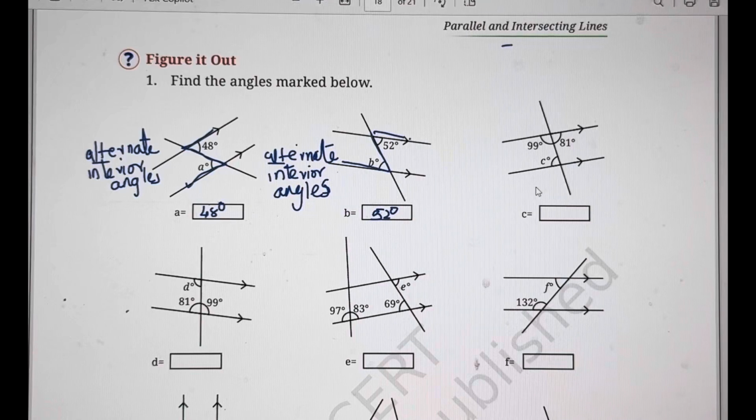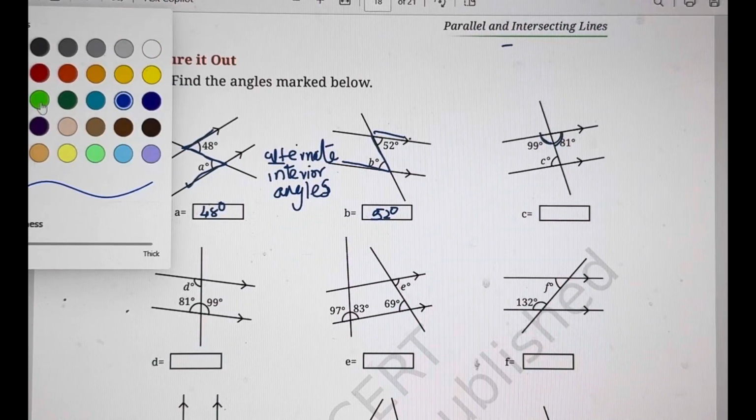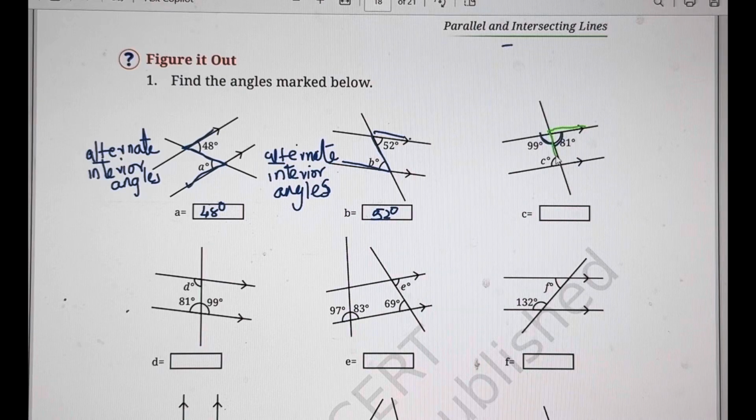Correct? Now let us see the third diagram. Here this part is 99 and this part is 81. We want to find out C. Again we identify, we can see a Z over here. So 81 and C are alternate interior angles.